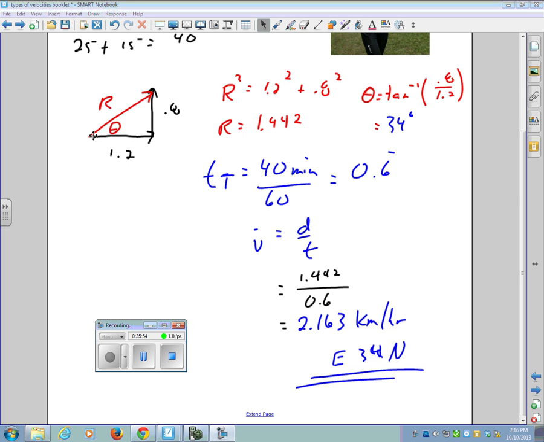Like this, I already have my east there. I've got east and then I go north. If I had my north in there, then it would be the other angle. So if you went north first and then east second, it would not be 34, it would be 56, wouldn't it? Yeah.